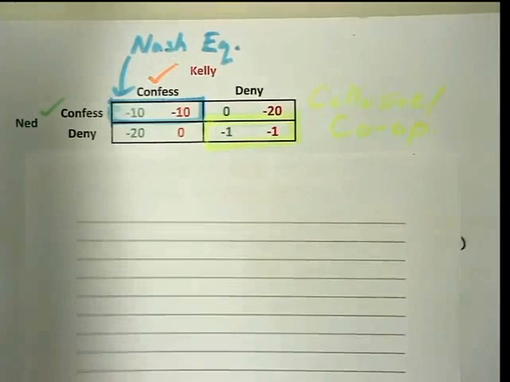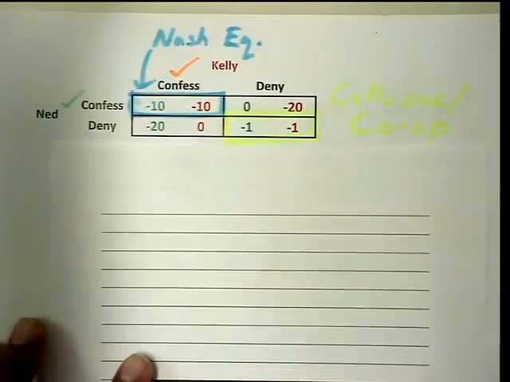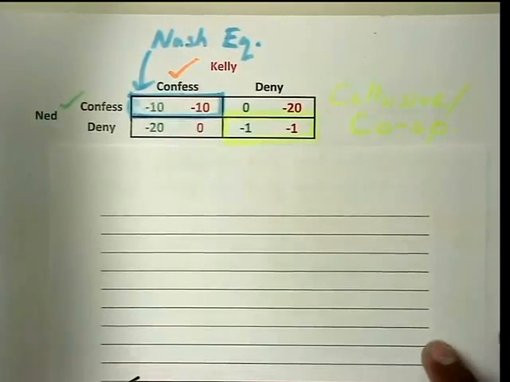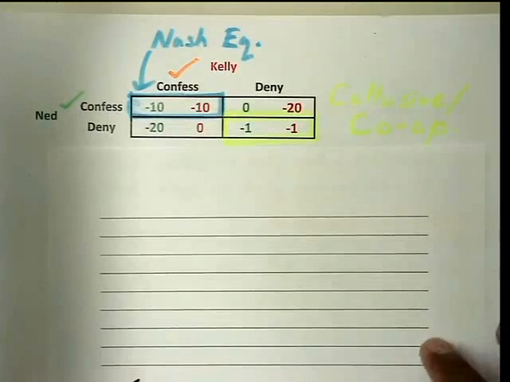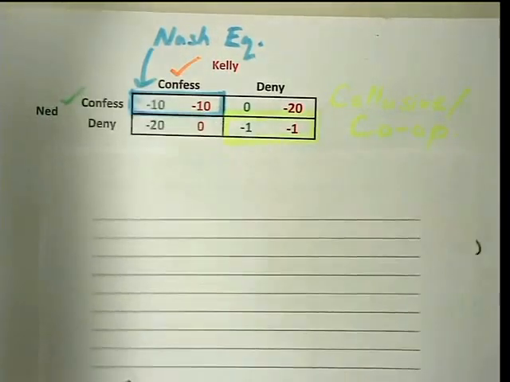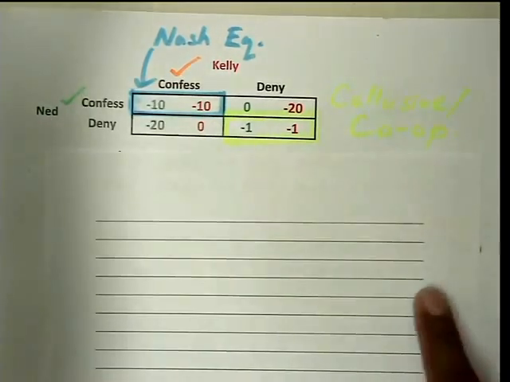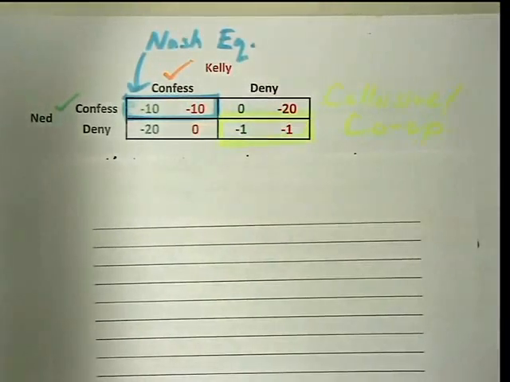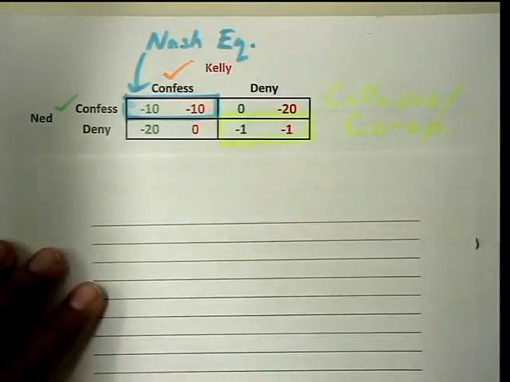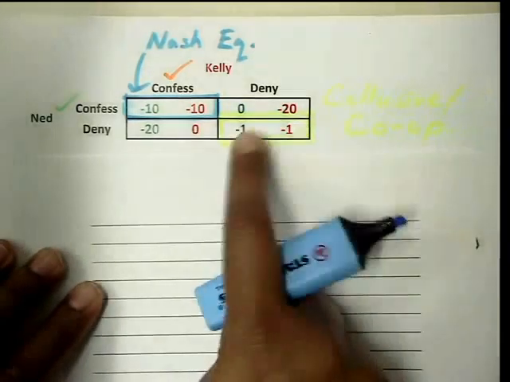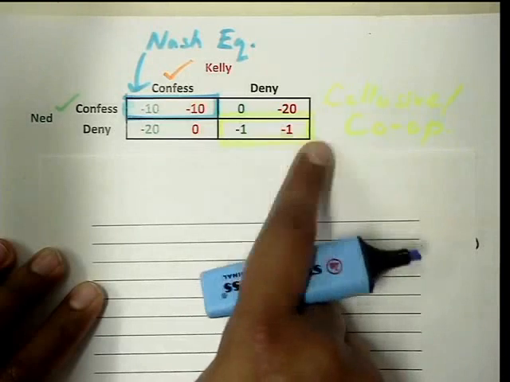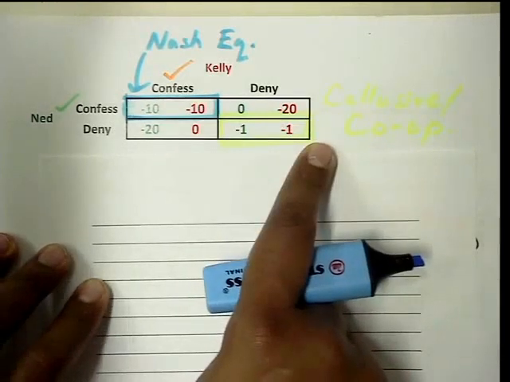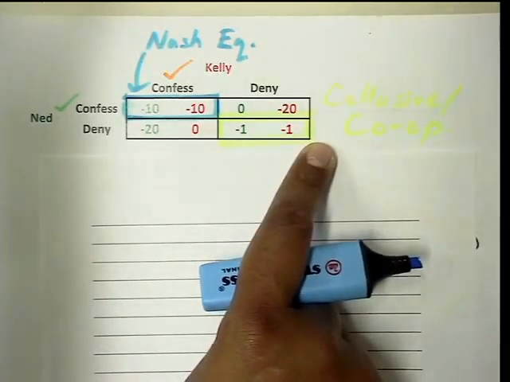How did we prevent them from achieving the collusive or cooperative outcome? By not allowing them to communicate with each other. By not allowing them to communicate, we prevented them from getting what was best for them. Agree?